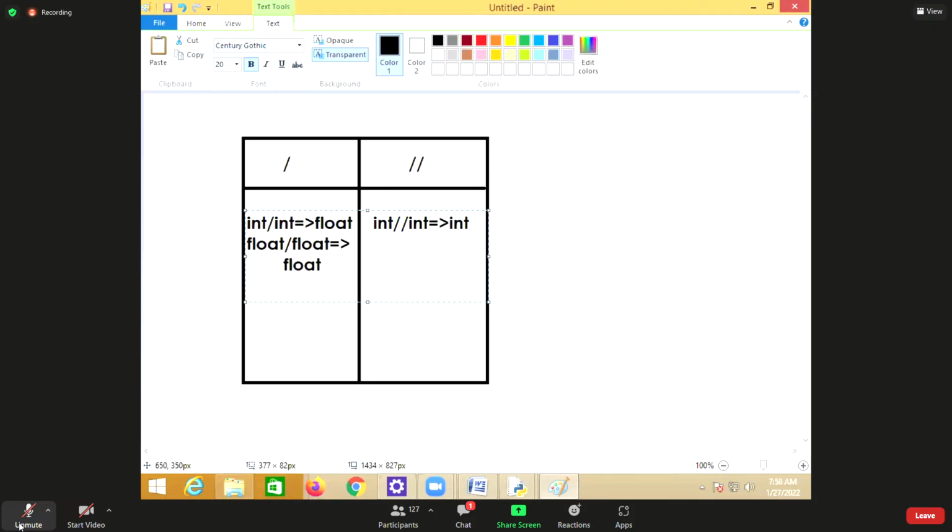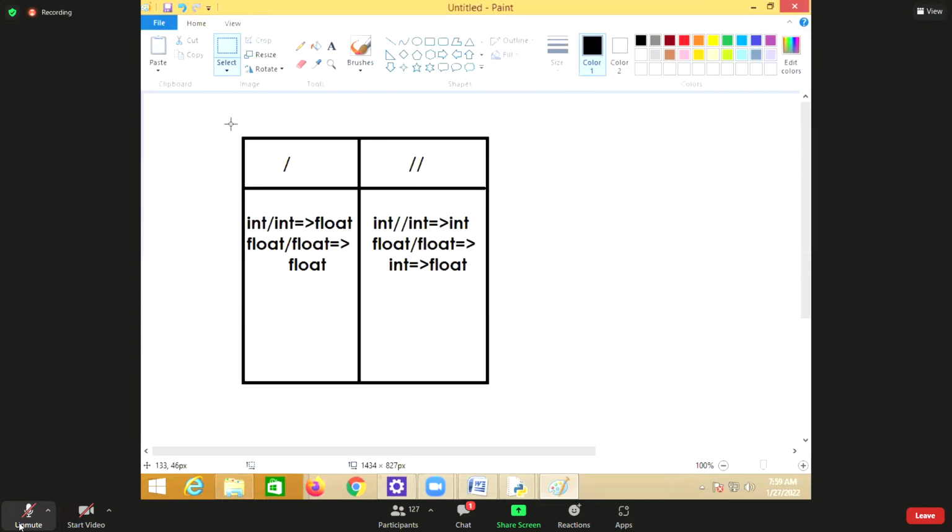But with floor division, the result will be integer, which will then be converted to float because of broader conversion. Result is integer only, but that result will be converted into float. So this floor division is also called integer division.